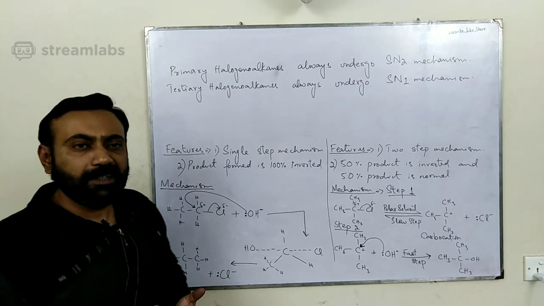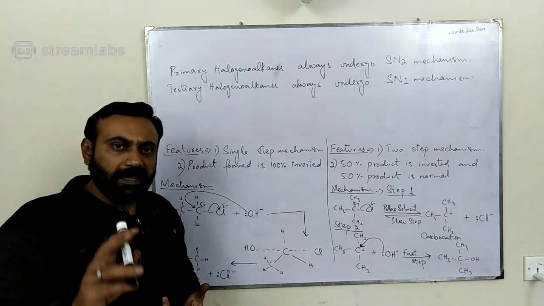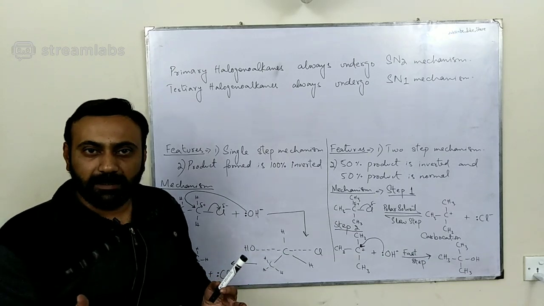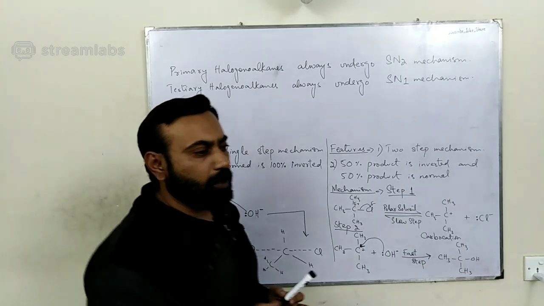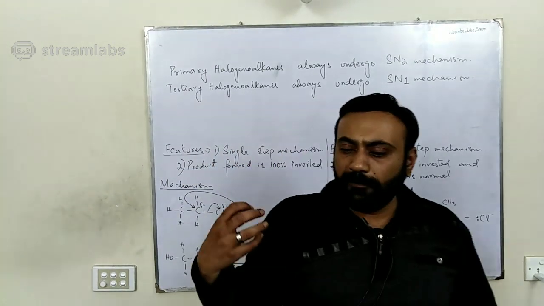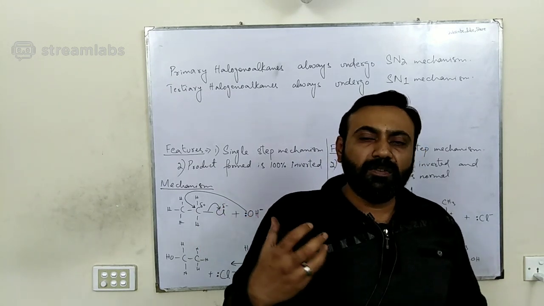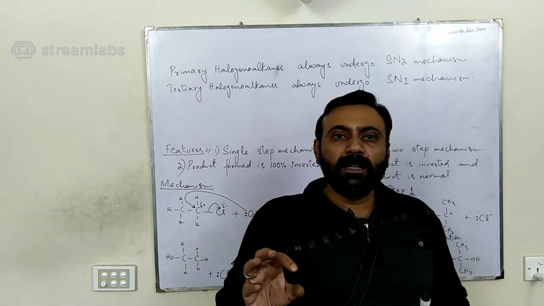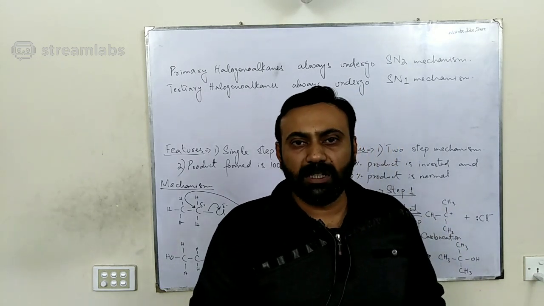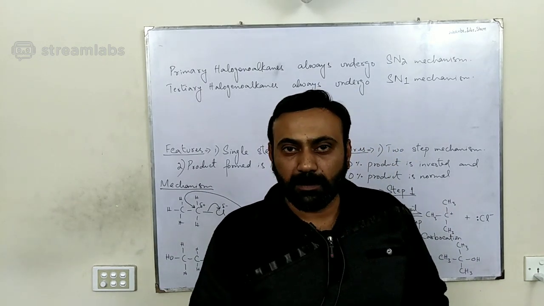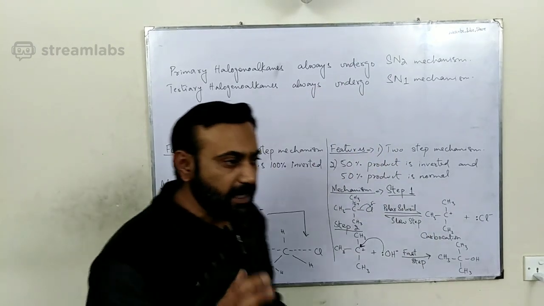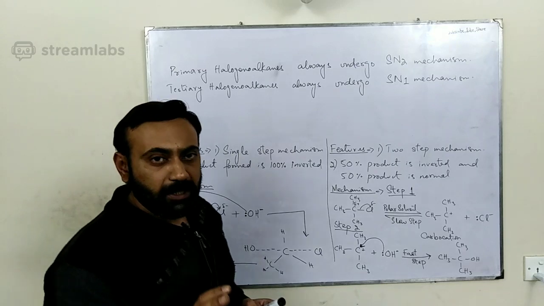Now what about secondary halogenoalkanes? Secondary halogenoalkanes can undergo both these mechanisms. So if you are asked to draw the mechanism of a substitution reaction of a secondary halogenoalkane and you are not given any clues in the question about the type of mechanism, then you can draw the mechanism of your own choice. But that does not happen very often.